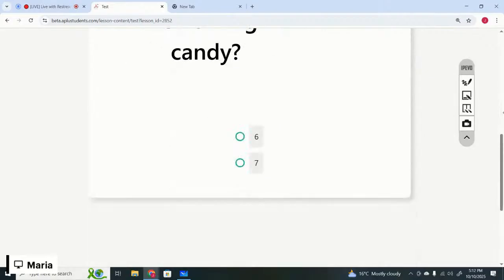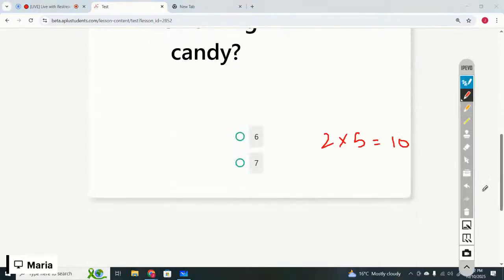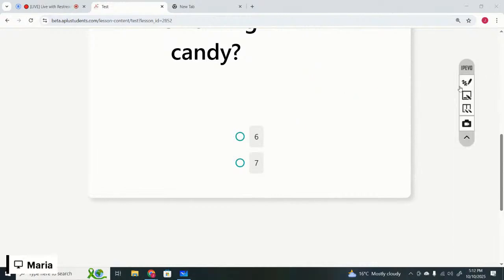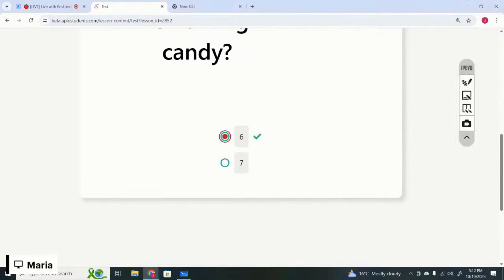In how many different orders can she eat the remaining candy? 3 factorial, that is 3 times 2 times 1, that is 6. Option number 1 is the correct option, that is 6.